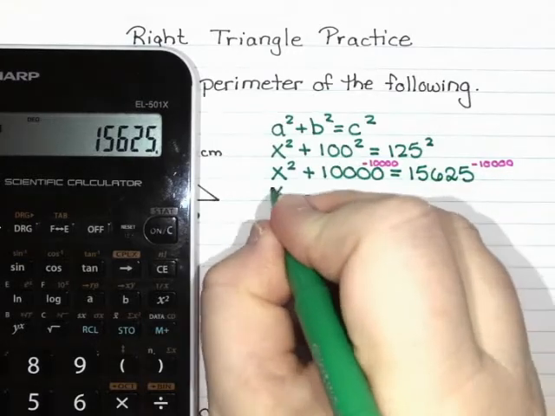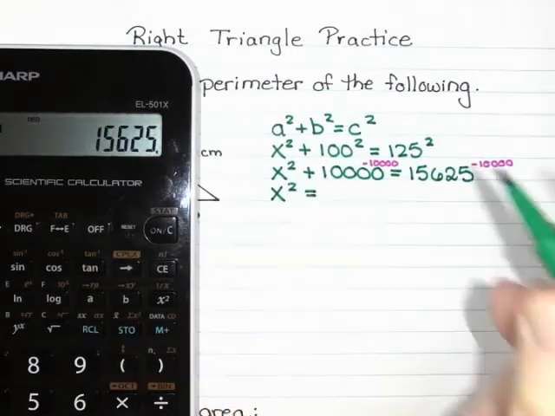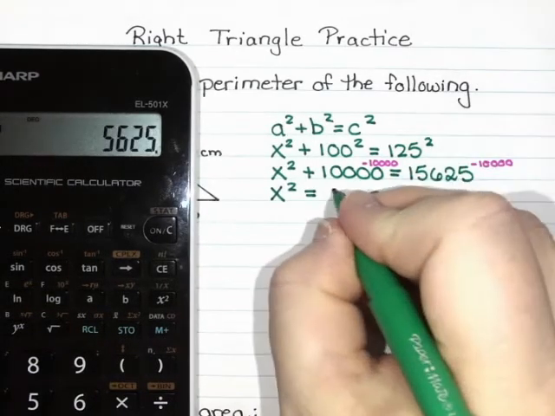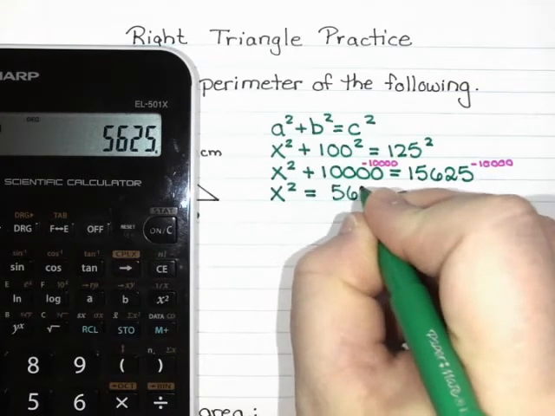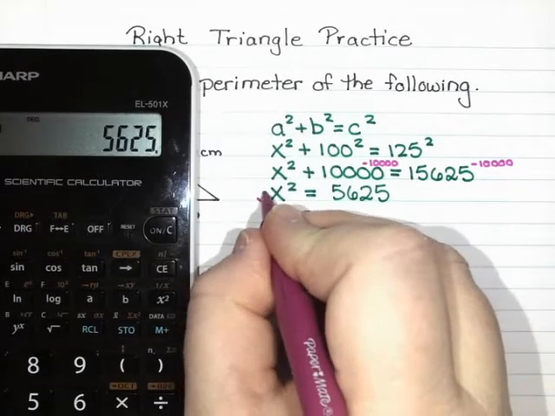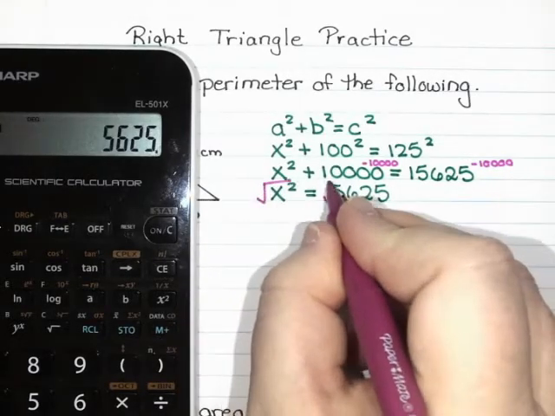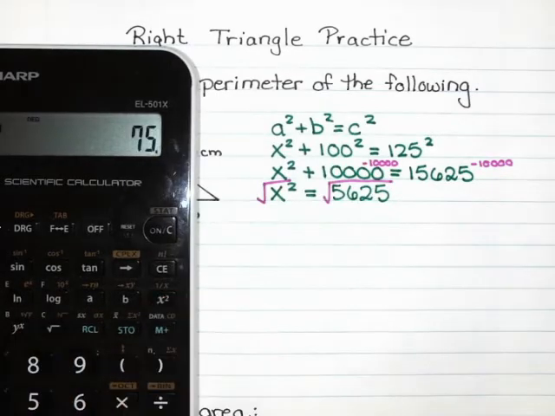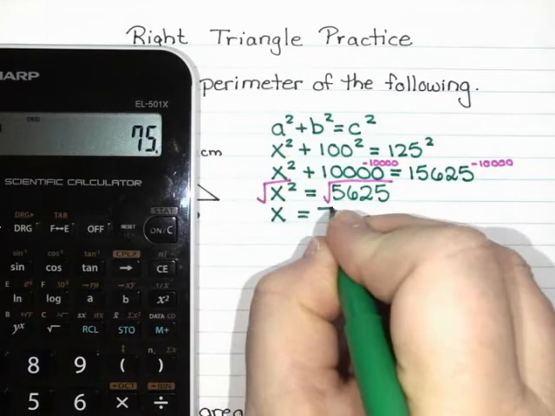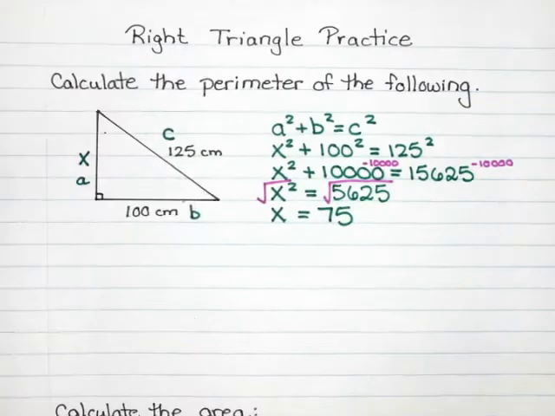So I get x squared equals 15,625, take away 10,000, leaves me with 5,625, and then that's x squared. If I just want x, I need to cancel out the square by doing the square root, and I get that that side is 75 centimeters.